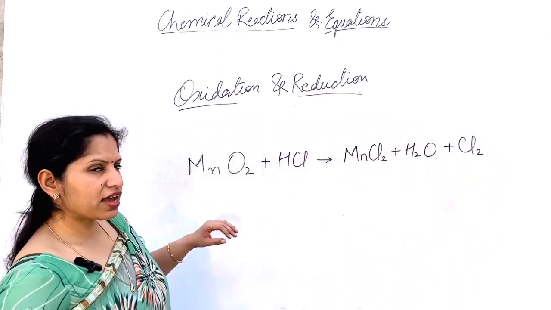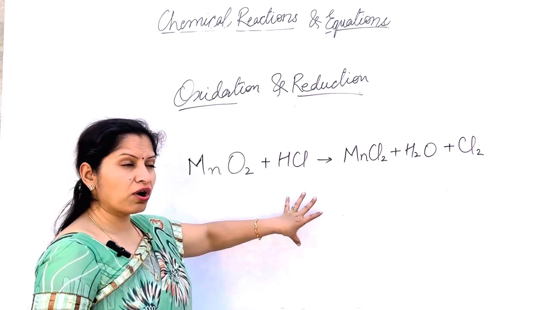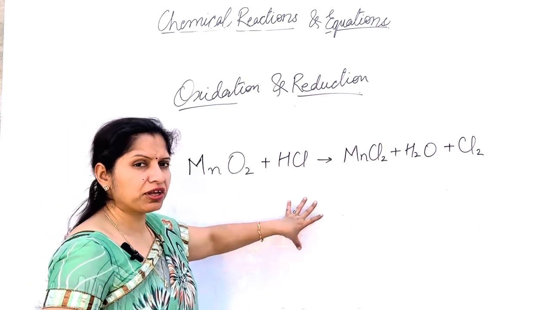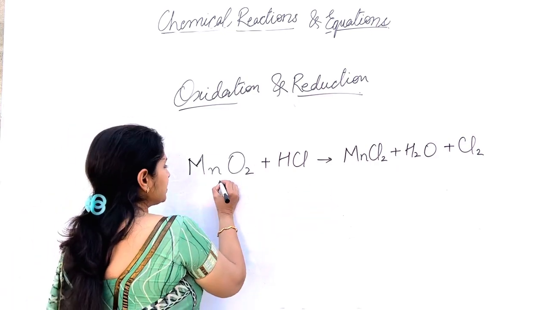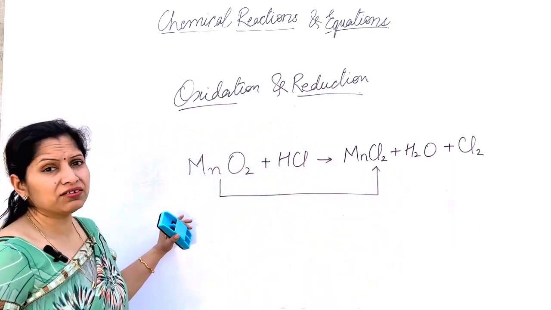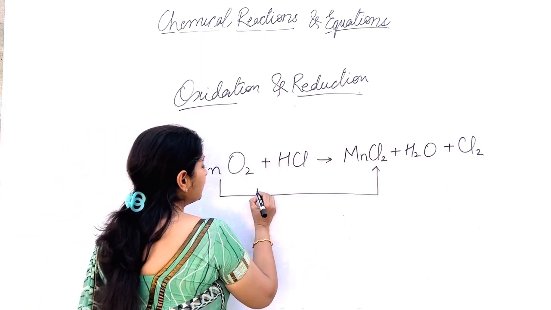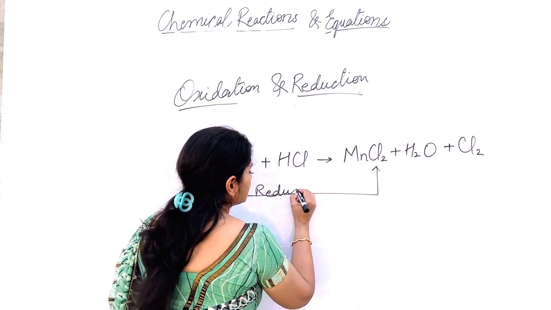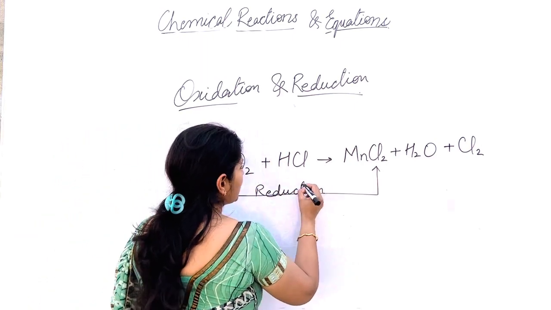This reaction is also given in the book, and what is undergoing reduction and oxidation is also given in the book. So let's see that. From manganese oxide, oxygen is getting removed, so that is a reduction reaction.